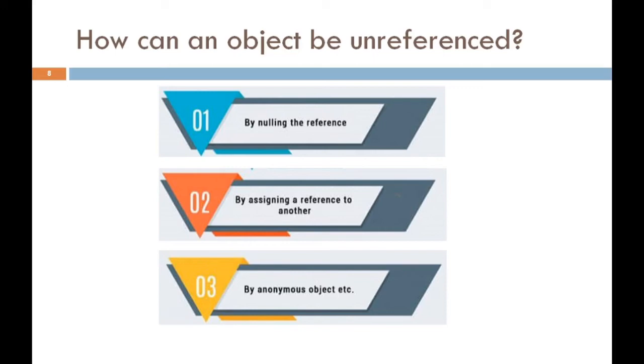That means the objects are no longer in use, or are not referenced by any other variable, class or object. In this way the garbage collector can find out that an object is unreferenced.